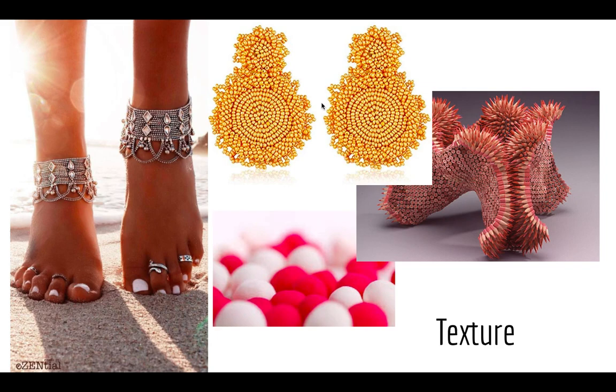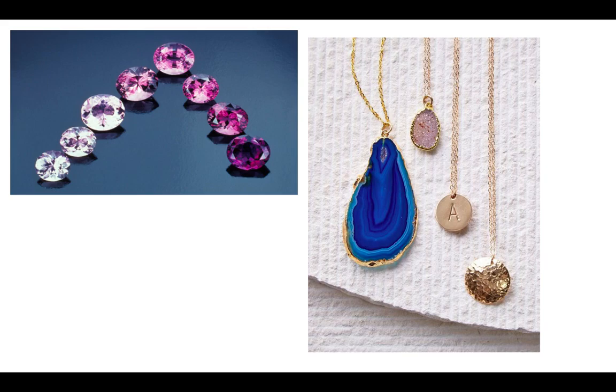And over here we got some texture going on these beaded earrings. And then there's also this different type of texture here on these anklets and how the chain might feel on your skin. And then also thinking about how does it look, kind of what type of, does it have a smooth look to it? Does it have a rigid look to it? And things like that. What do you think we're going with here?